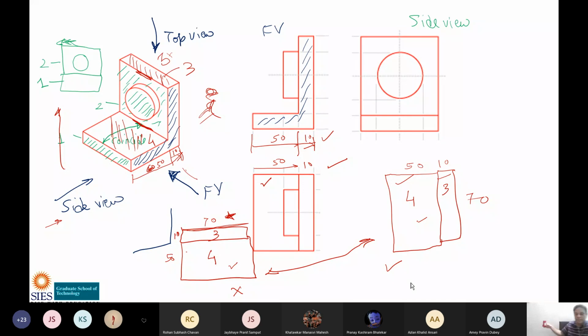Now I am holding something in my hand. Looking at this, what do you see? You only see this edge, and this edge, and this edge. You don't know what is between the two edges.